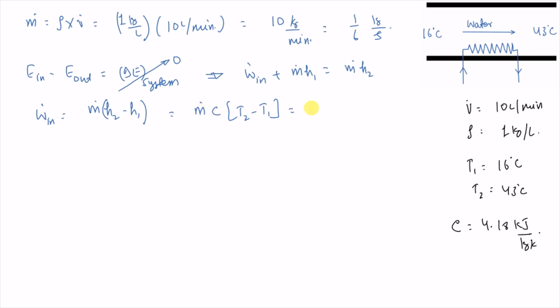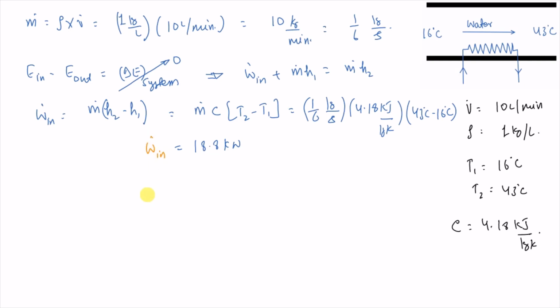So m dot we have 1 by 6 kg per second times c we have 4.18 kilojoule over kg Kelvin times the temperature difference T2 minus T1, that is 43 degrees Celsius minus 16 degrees Celsius. So we're going to solve this and we'll get the value of power input as 18.8 kilowatt. So this is the required power input.